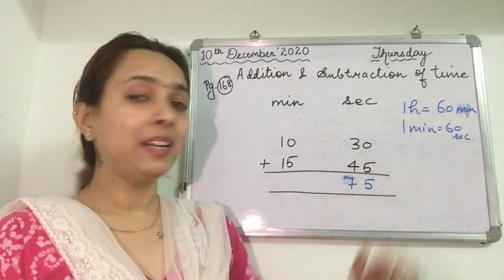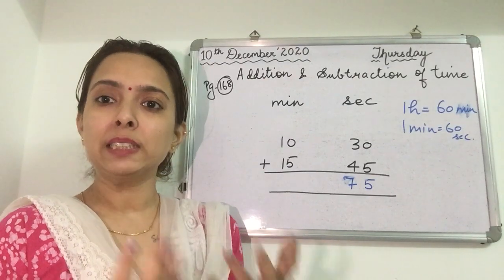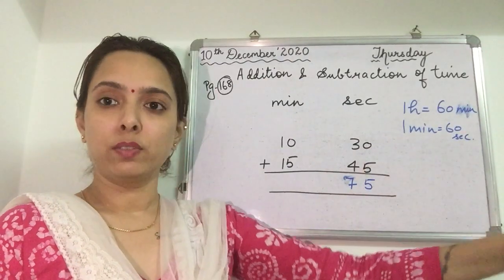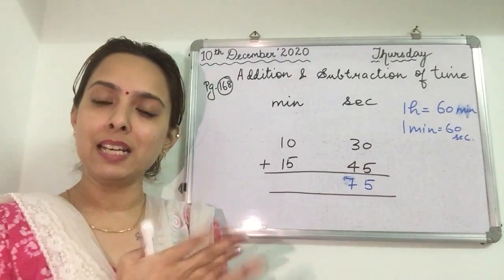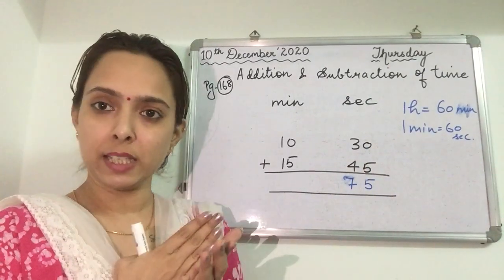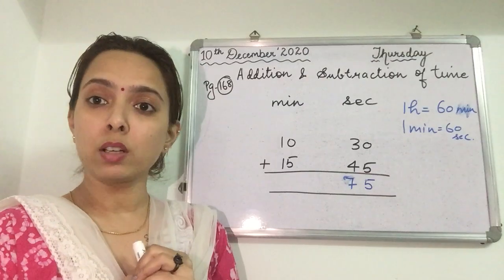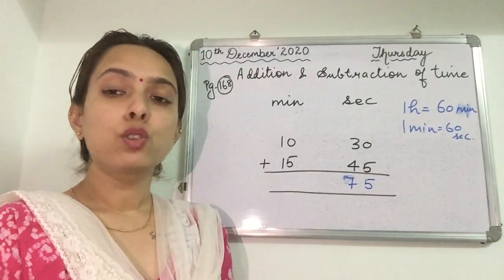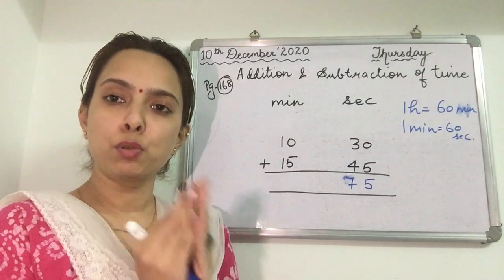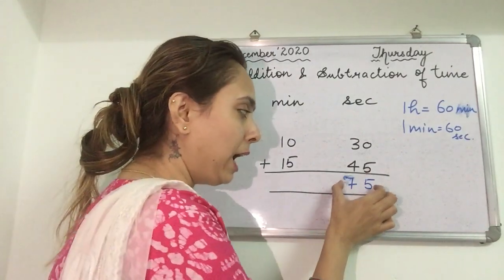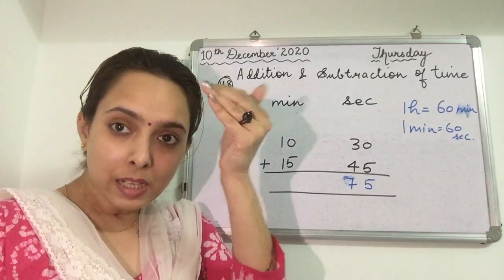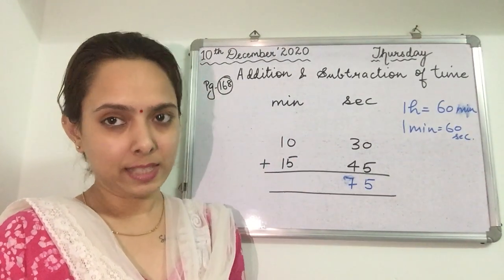But in our clock, we don't consider seconds after 60. The last limit of seconds is 60. So here we have got 75, which is more than 60. So we have to make it lesser than 60 seconds.